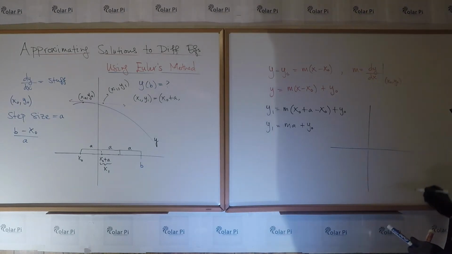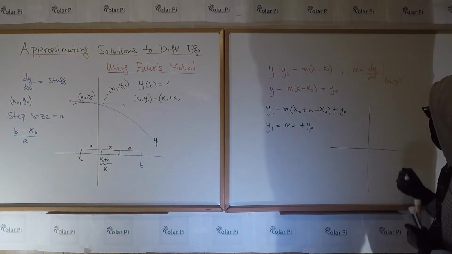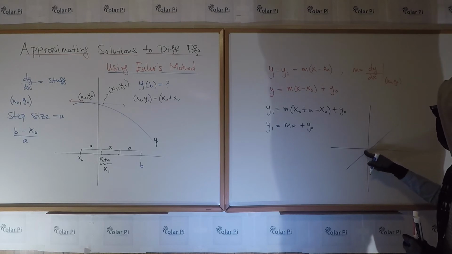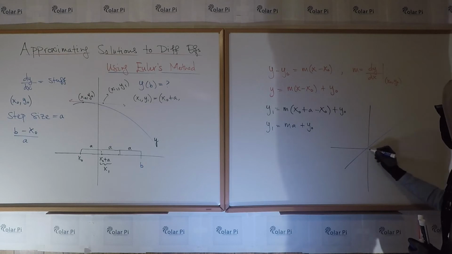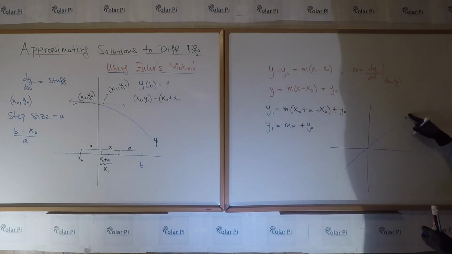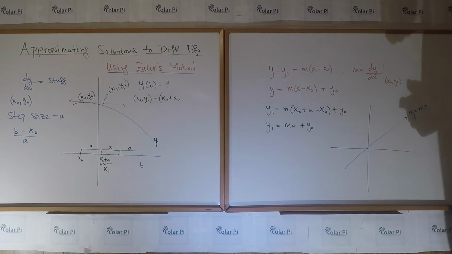So let's say that line is like this. The equation of this line would be y equals mx. Not the same y as that, obviously, but it's y equals mx.